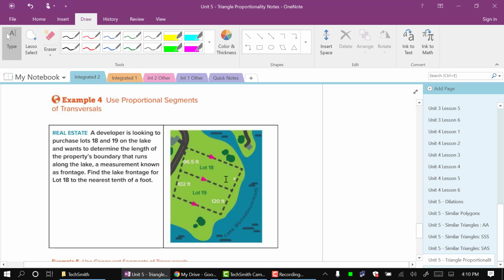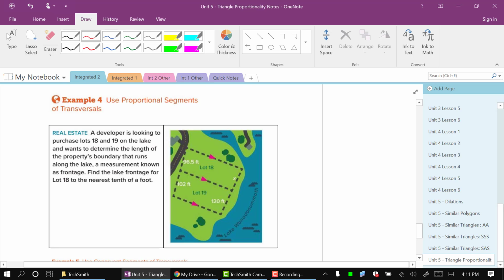So what we're going to do is use corollary 3.1. We have the three boundaries right here. These are our three parallel lines, and these are our two transversals. Since they are cut by this transversal, the segments are going to be proportional to each other.